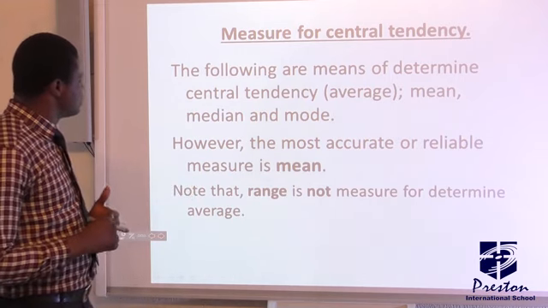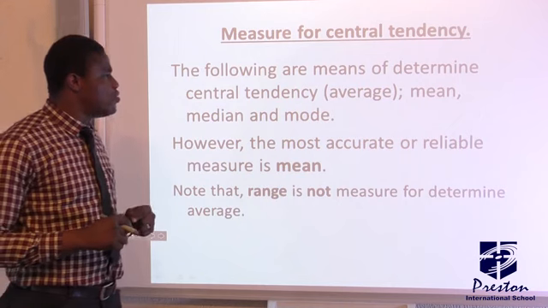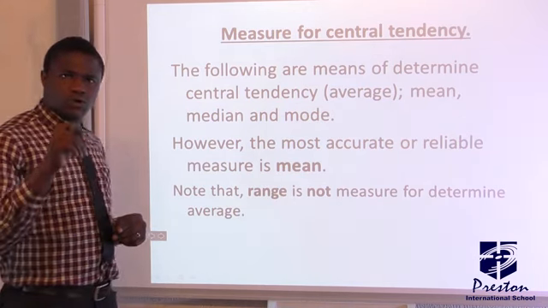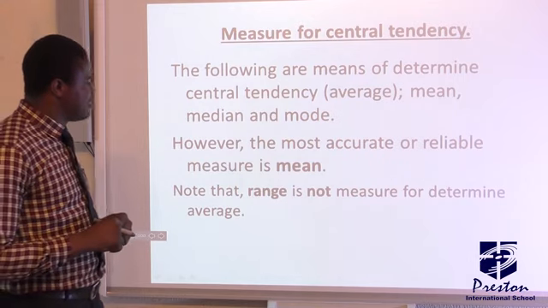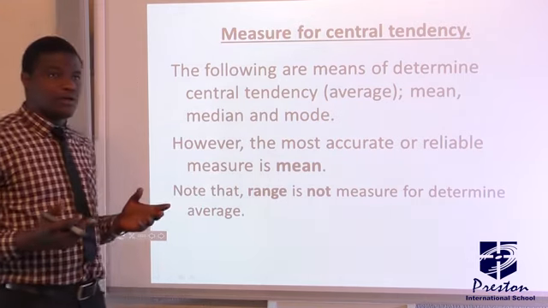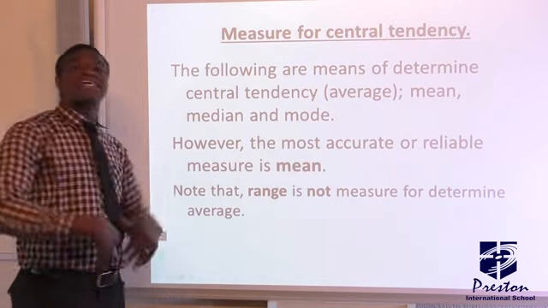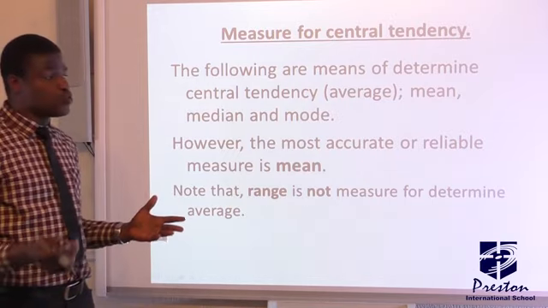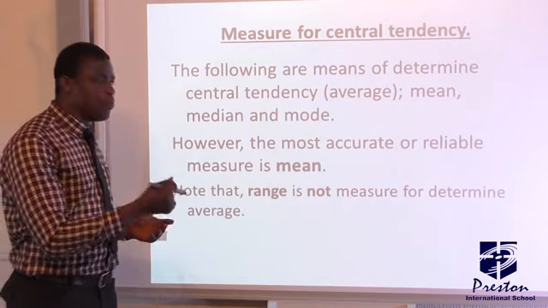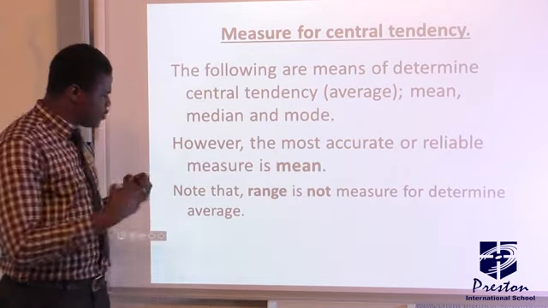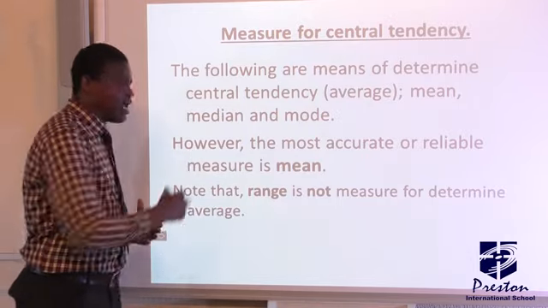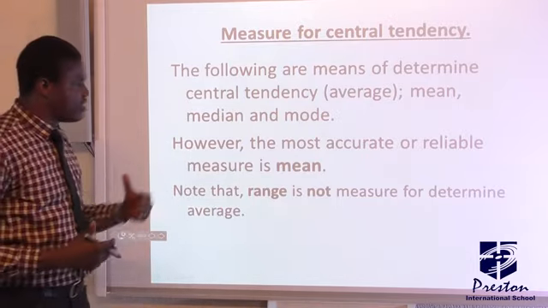However, the most reliable or most accurate measure in determining central tendency is mean. That is why people majorly refer to mean as average. It's one of the three ways of determining central tendency, but it is the most reliable. So today we are going to concentrate more on mean, how to determine mean.